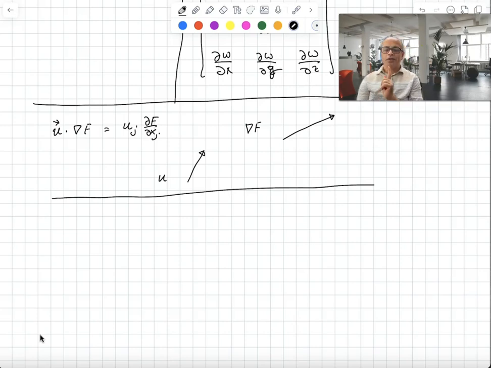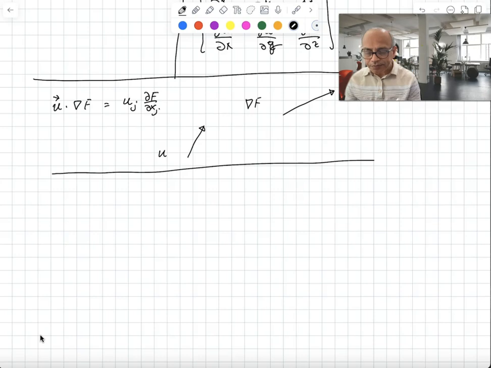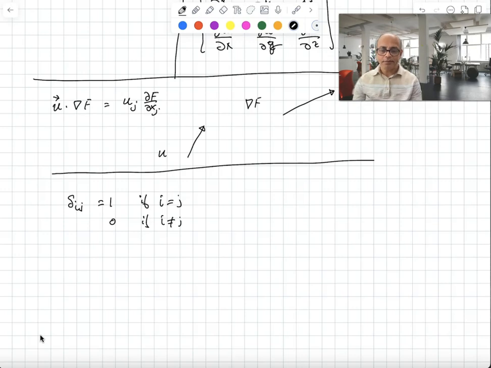I will first denote two special tensors. The first one is delta_ij, which is just 1 or 0. It is 1 if i equals j, and 0 if i is not equal to j. It is the Kronecker delta.